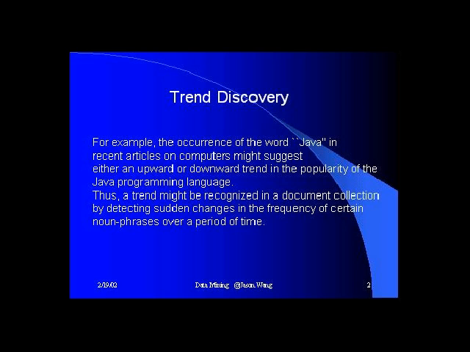We can scan them, and if we see sudden changes in the frequency of some noun phrases, we are able to detect either an uptrend or a downtrend at that time. That's the basic idea of trend discovery.